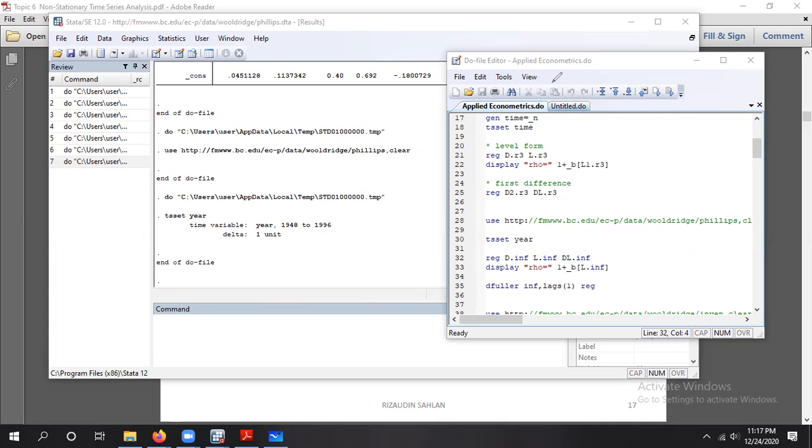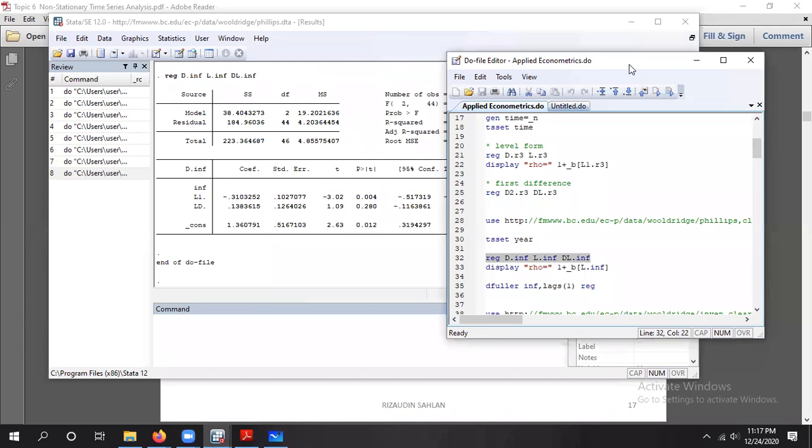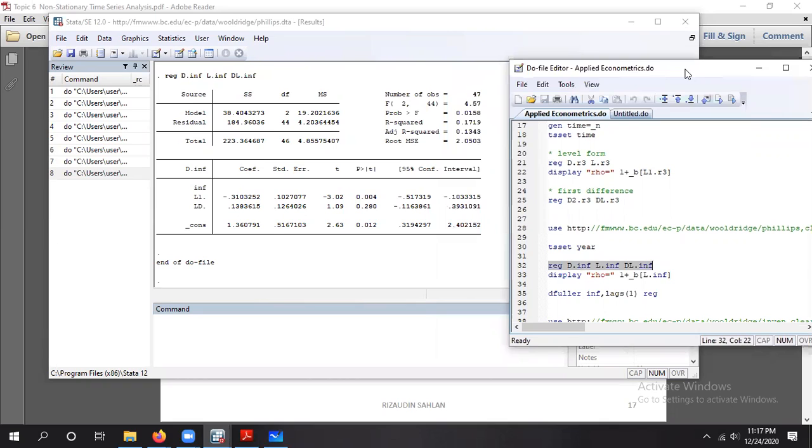Okay, let's say we regress the data, and this is the result. We can see that the value of the tau statistic is negative.